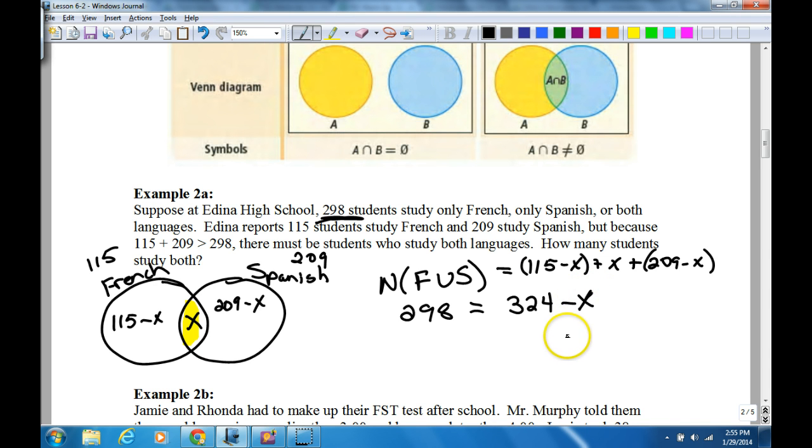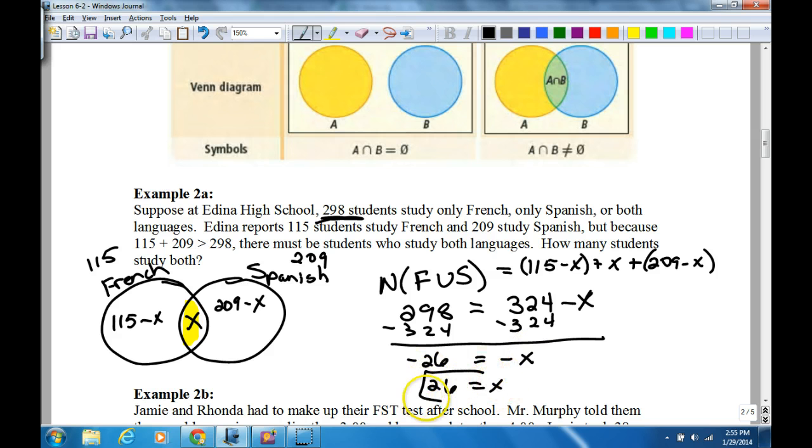Now what do I do? Yeah, so I can take away 324 from both sides. And in that case, I end up with negative 26 equals negative x, which means what? 26 equals x.